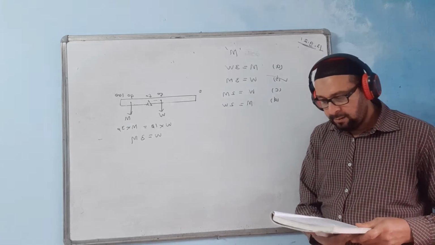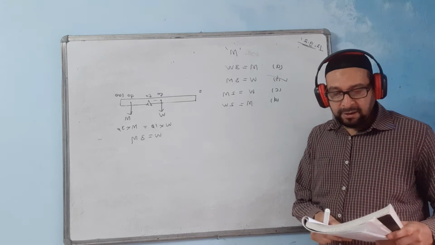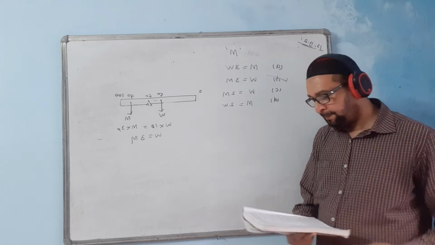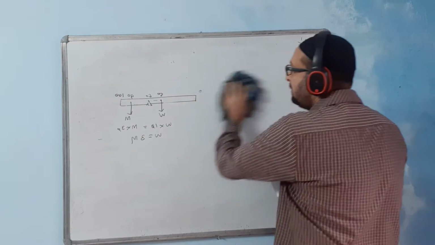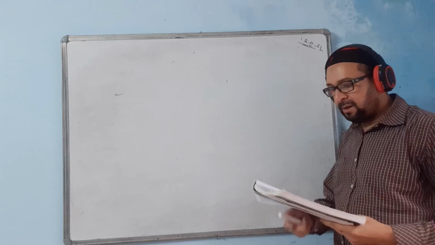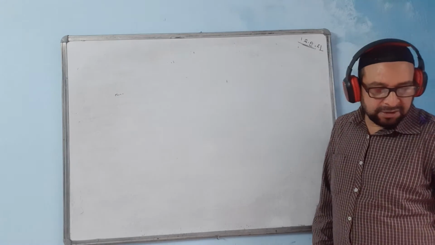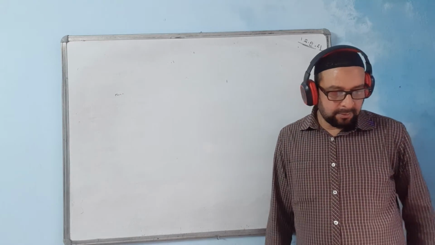Next question, you write. A physical balance has its arms of length 60 centimeter and 40 centimeter.